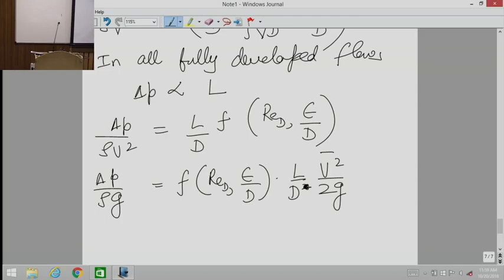So I will get delta P upon rho G is a function, which I don't know, times L by D times V square by 2G. The 2 we have added because of Bernoulli's equation. This is dimensional analysis, so one function and the other function are related by a factor of 2. Once we do it like this, this one is valid for all flows.